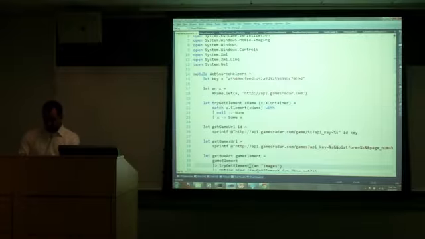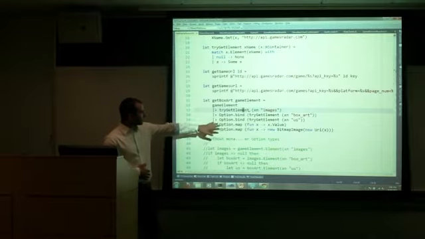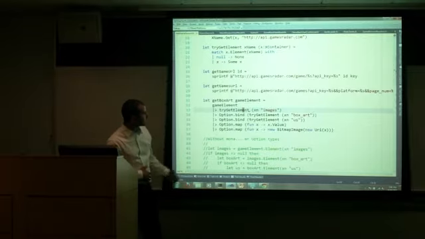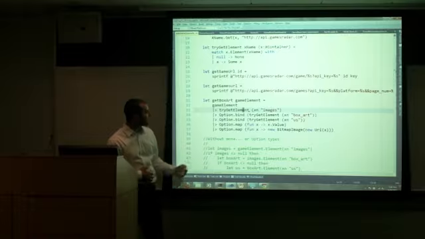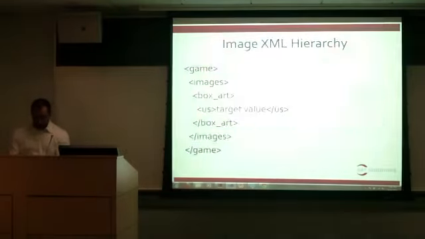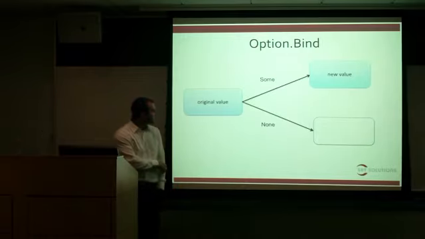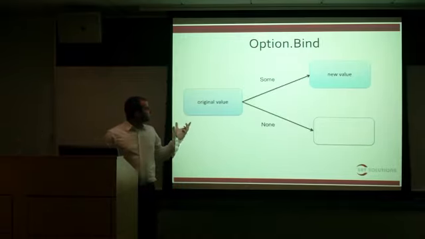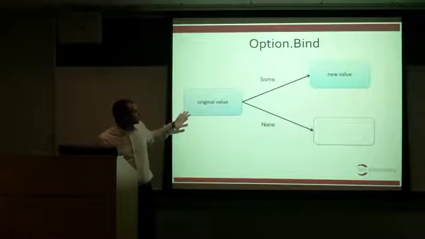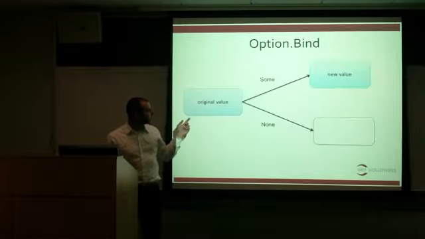Okay. So once I've done that, I can now use the functions in the option module, Option.bind and Option.map. And these functions are actually pretty sweet. Visually, the way Option.bind works is you have some original value that's an option type. If it's Some, it applies a function to it and returns a new value.